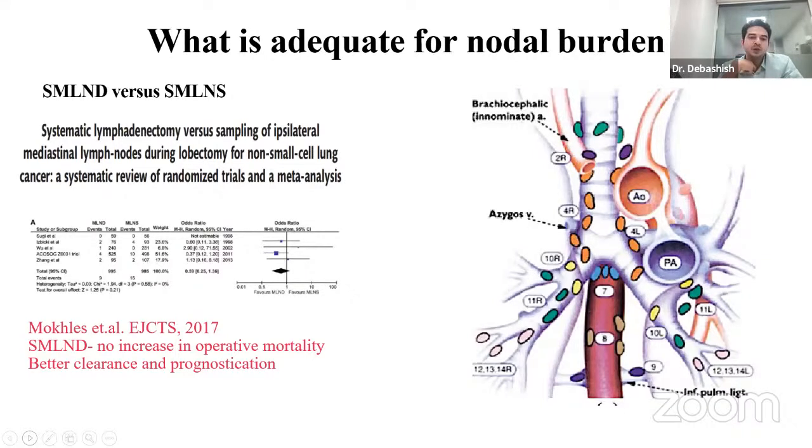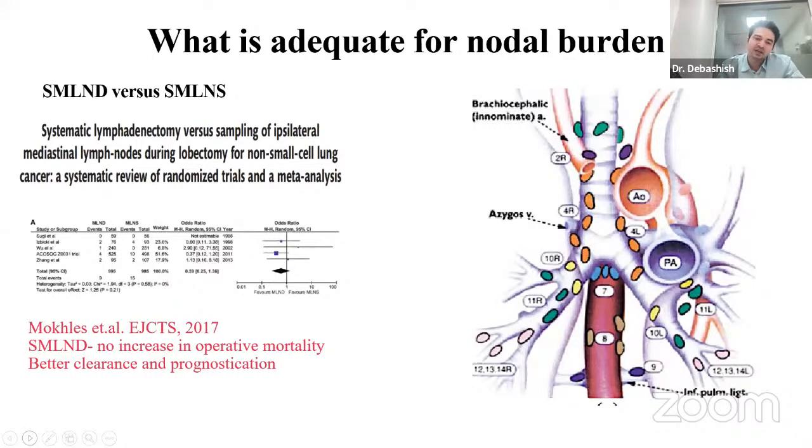So what should be adequate lymph node sampling? Systematic lymph node sampling versus systematic lymph node dissection, what should be preferred? For stage 1, it doesn't matter, but wherever the lymph nodes are enlarged, all those lymph nodes should be removed as a template. So in those situations, a systematic lymph node dissection is preferred.